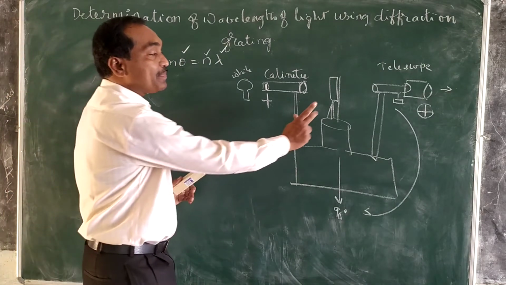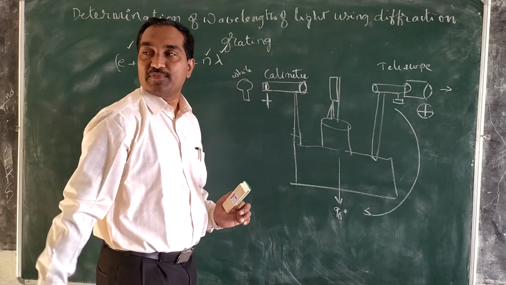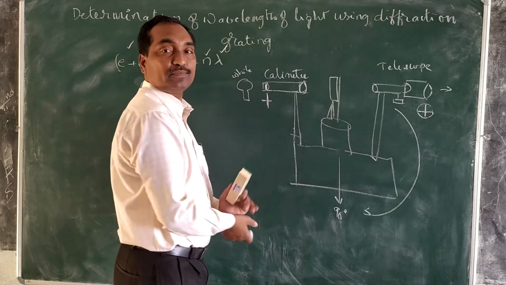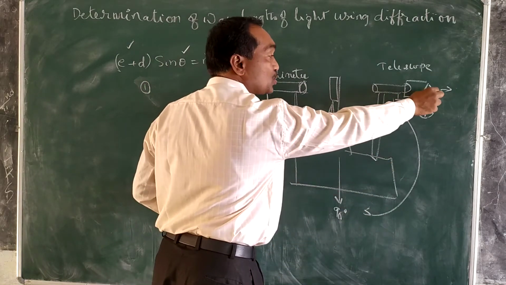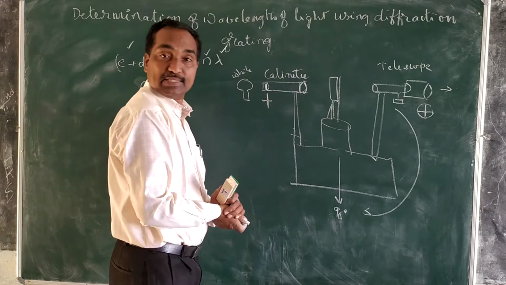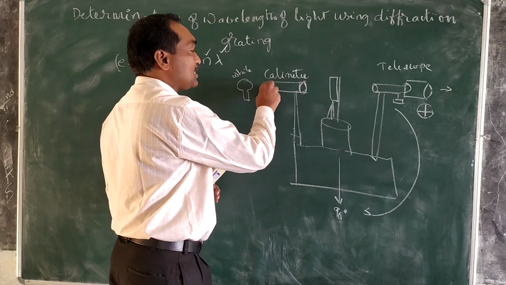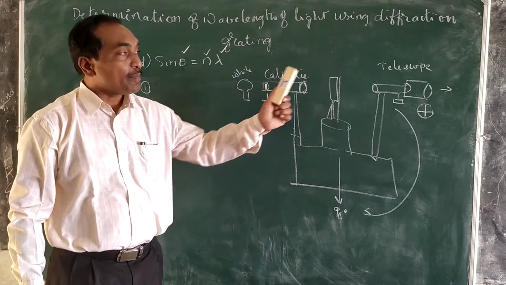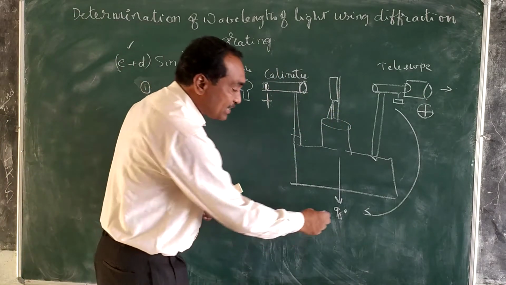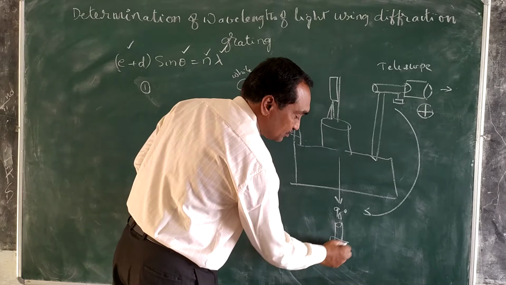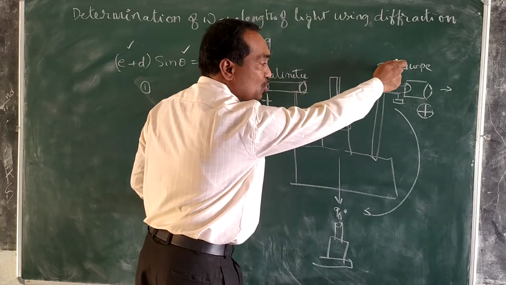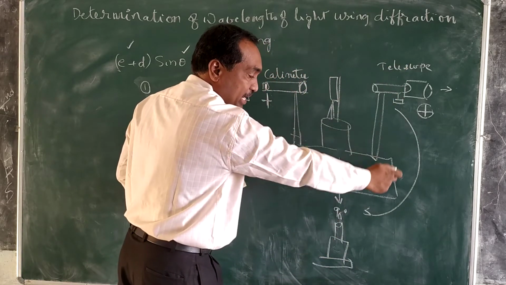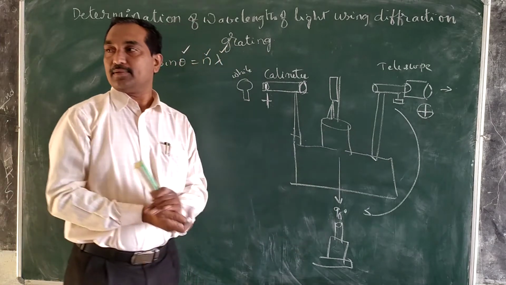Now when we rotate the prism table, we can observe through the telescope eyepiece once again the slit. The slit will be observed by the telescope at this position, because we rotated the telescope 90 degrees.